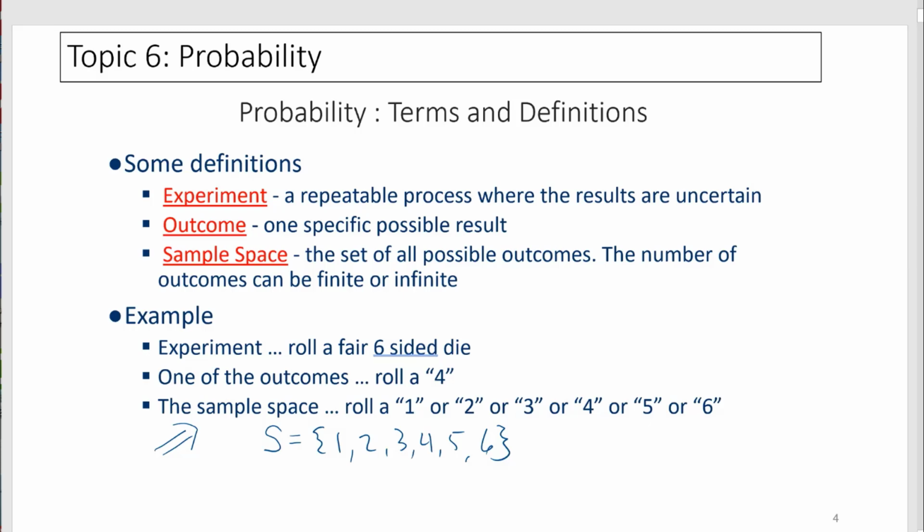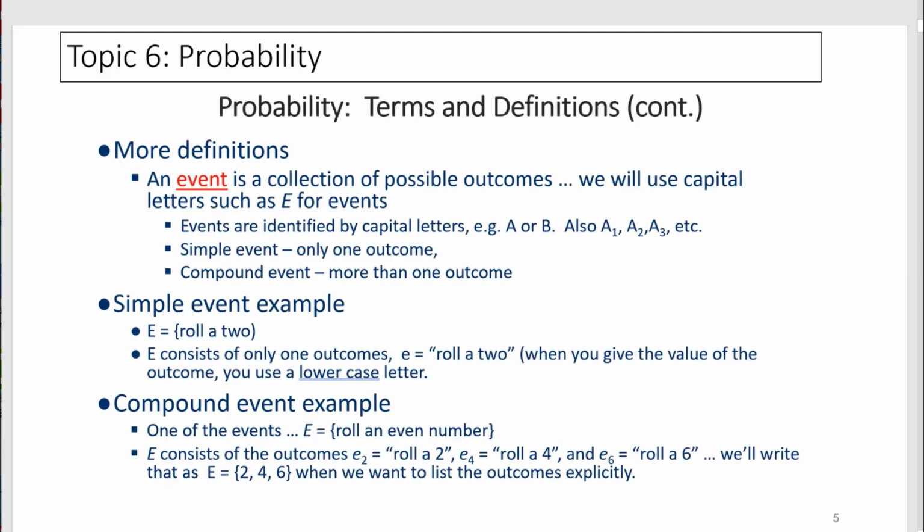So we call that thing an outcome or a specific outcome or an event, a singular event, and it would look like this. And of course, our experiment was rolling that fair dice. So looking at this idea of an event, it's a collection of some or one possible outcome.